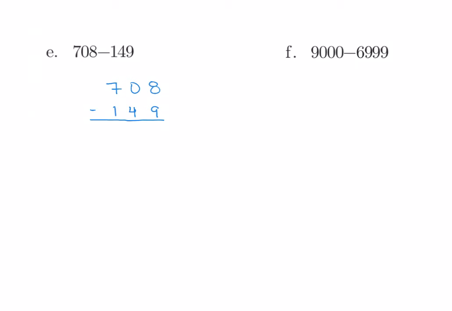Again, can I take away 9 from 8? The answer is no. So we do need to borrow. We cannot borrow from 0, so we need to go all the way to the 7. So if we take away 1 from 7, it becomes a 6. I add 10 onto 0, that's going to make it a 10. We subtract 1 from 10, it becomes a 9. And my 8 becomes an 18.